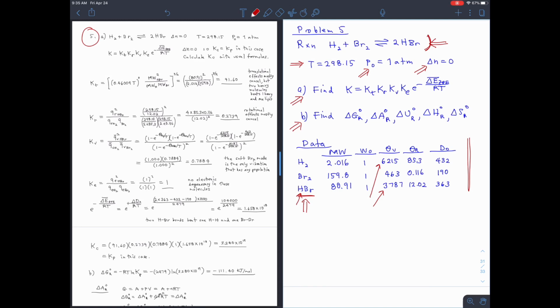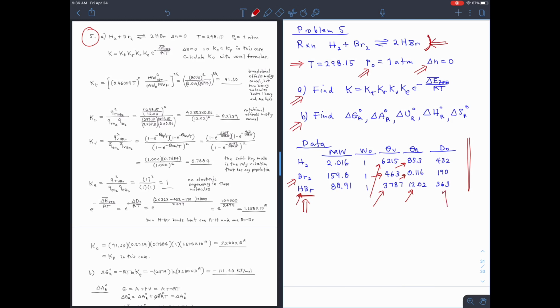One light atom makes for fast vibrations, and likewise, one light atom makes for a relatively small moment of inertia, so it's got a relatively high rotational temperature too, and of course H2 has the highest rotational temperature of anything. But then Br2 isn't quite as heavy as I2, but it's still very heavy, and so it has a relatively low vibrational temperature. That means the vibrations of Br2 will contribute, and a quite low rotational temperature too.